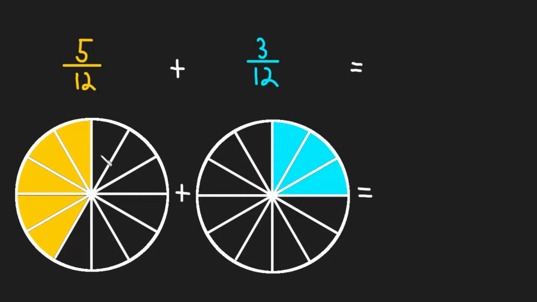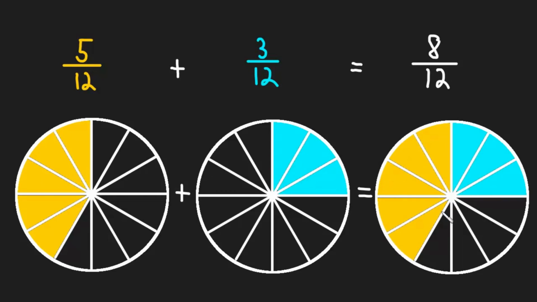Well, it seems like if we take 1, 2, 3, 4, 5 of the pieces plus 1, 2, 3, we should just end up with 8 out of the 12 pieces. And indeed, that's exactly what happens. When we add them together, we just now have a total of 8 out of the 12 pieces.